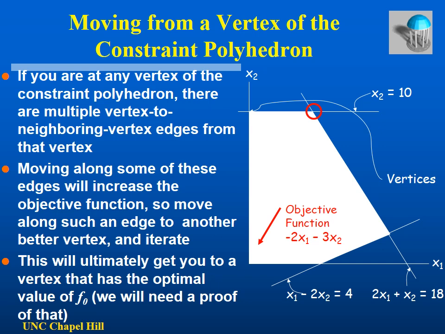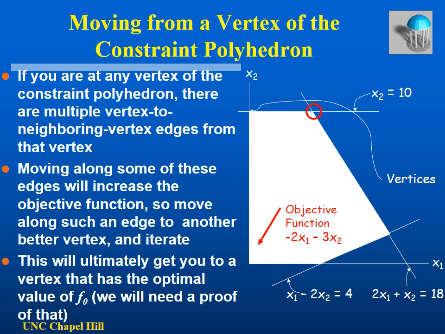As we move along the line x1 minus 2x2 equals 4 from the vertex, we see that we are lowering the value of the objective function. That is to say, the component of our motion is opposite to the direction of increase. And since we're trying to minimize in this example, that's how we want to go.